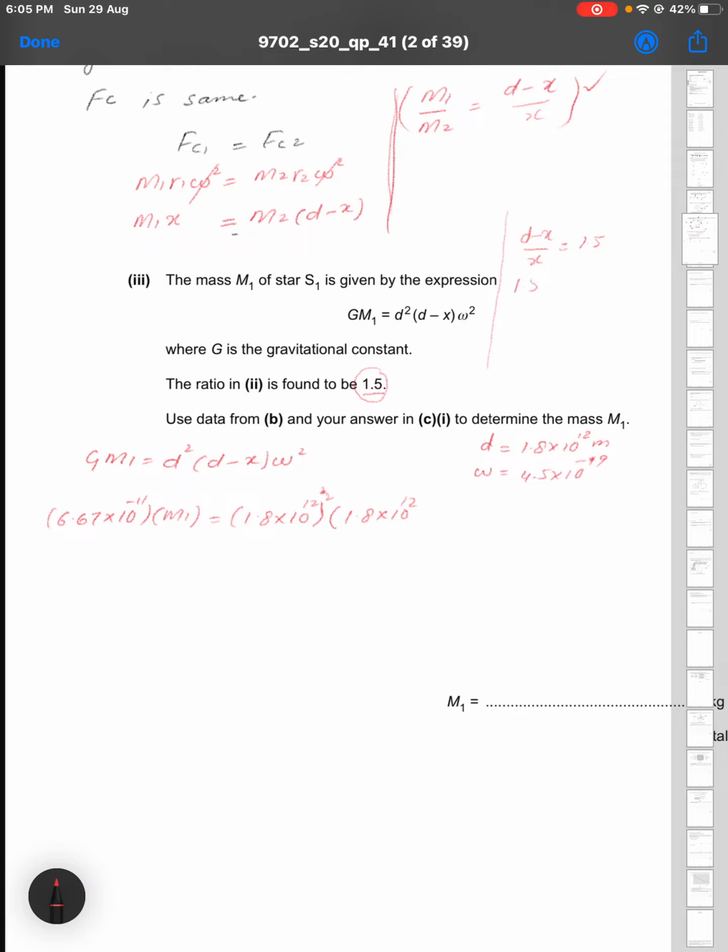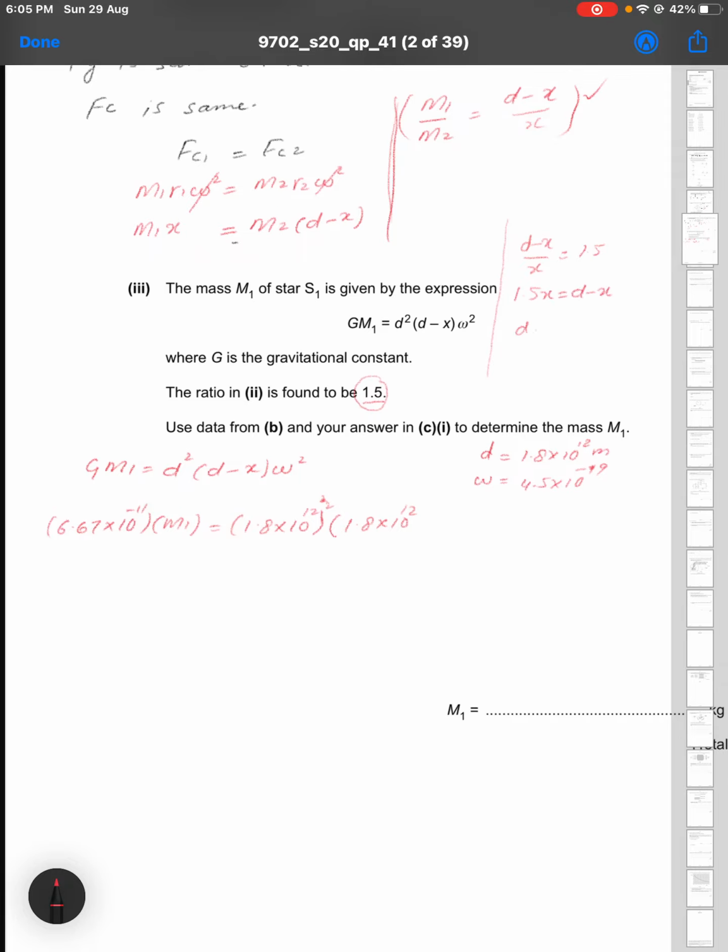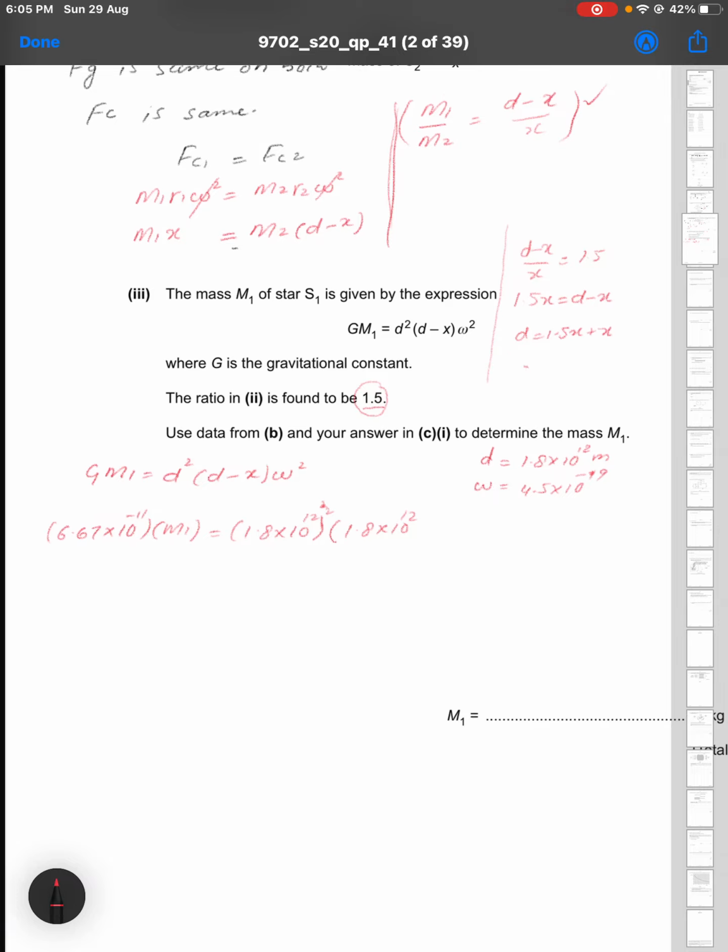So cross multiply: 1.5x is equal to d minus x. d is equal to 1.5x plus x, so d is equal to 2.5x, and x is equal to d over 2.5. Okay, x is equal to d by 2.5.